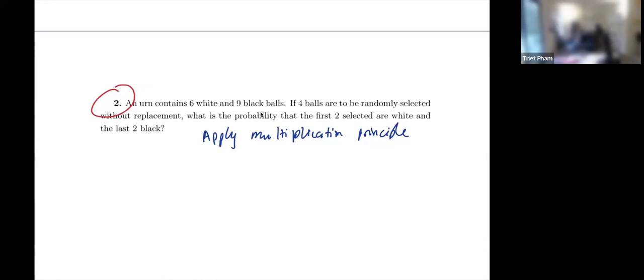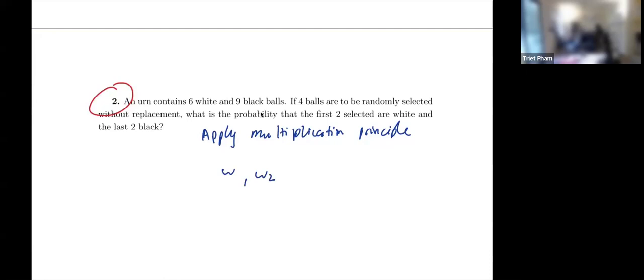So you have the event as Y1, Y2, and then B3, B4. So that's what you want. What would that be?